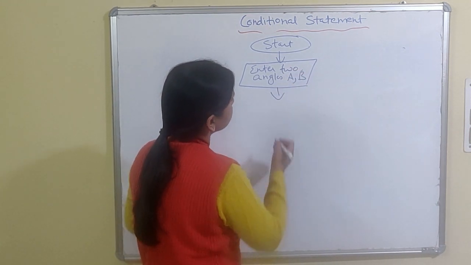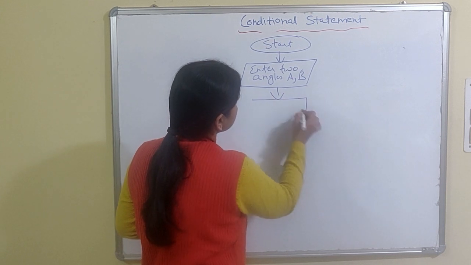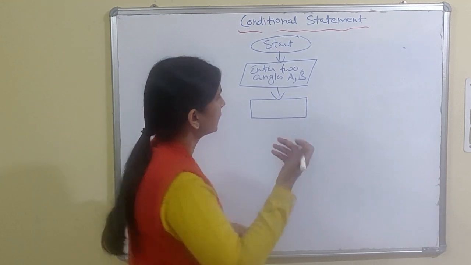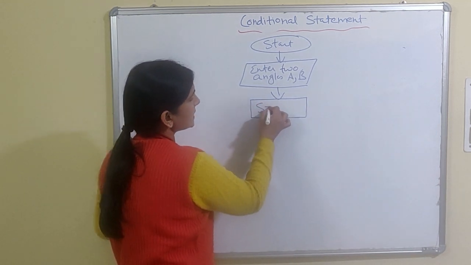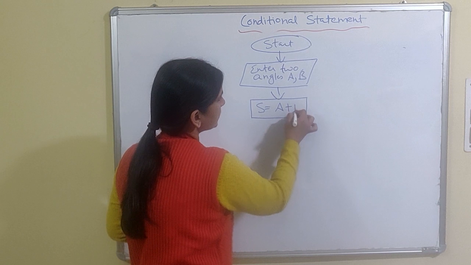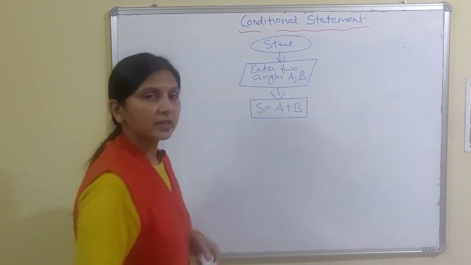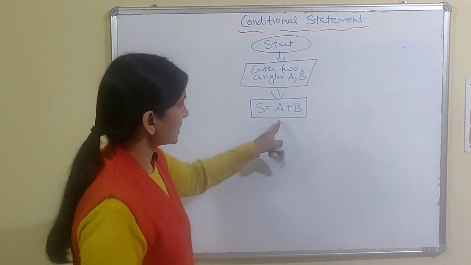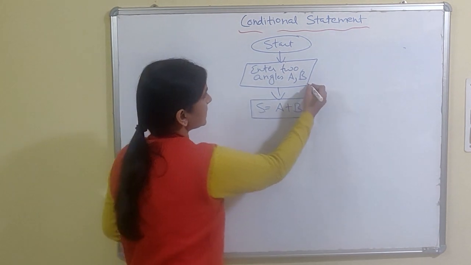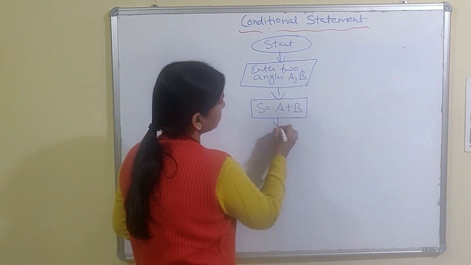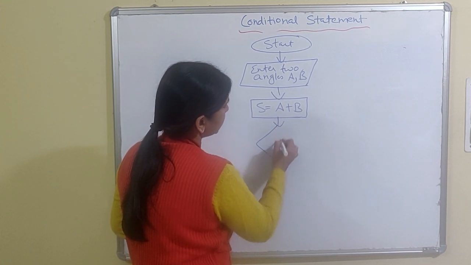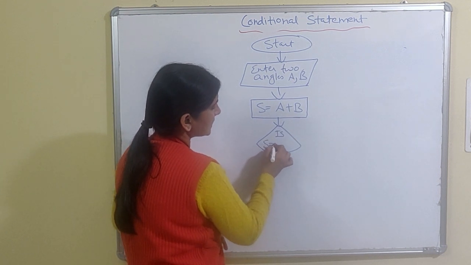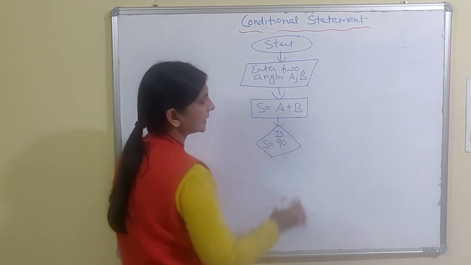Then either you calculate sum separately or directly also. In condition you can use A plus B. Okay. First we will find out the sum of two angles. S equals to A plus B. And for calculation we use which box? Process box. So this is rectangle in shape. Right. This is input. Then we will apply the condition. Condition is S equals to 90.